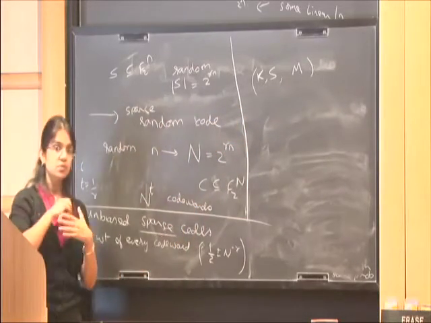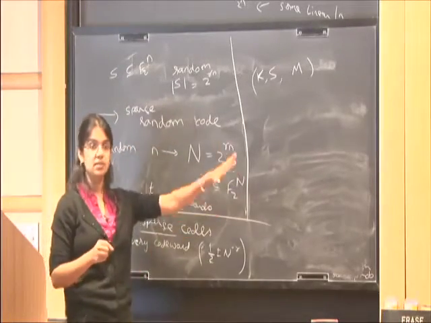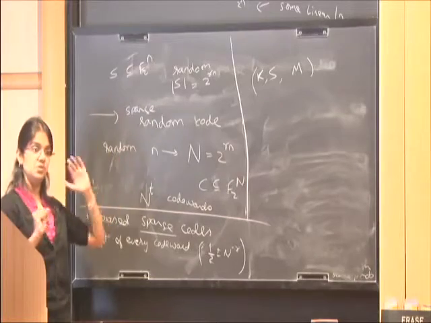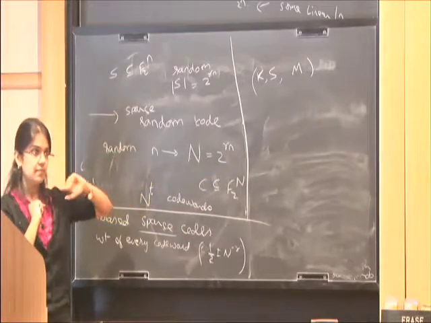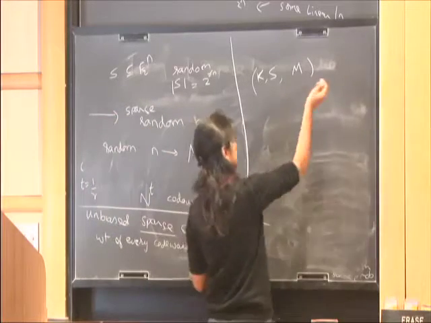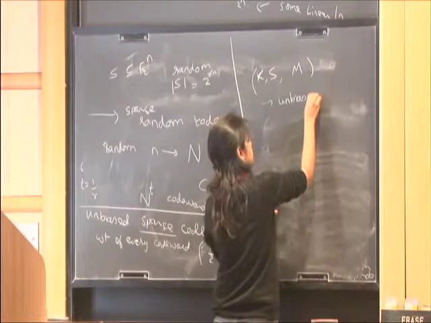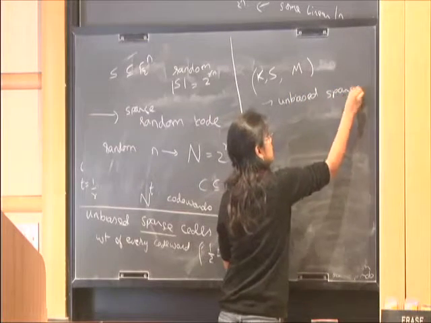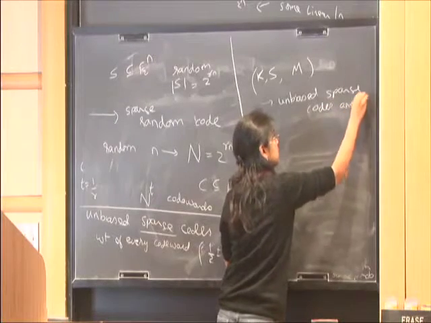But the proof was through a very different route, much more coding theory using Krawtchouk polynomials, etc. This is a completely different approach to understanding the same question and getting the same answer. Okay, so they show that unbiased sparse codes are locally testable codes.